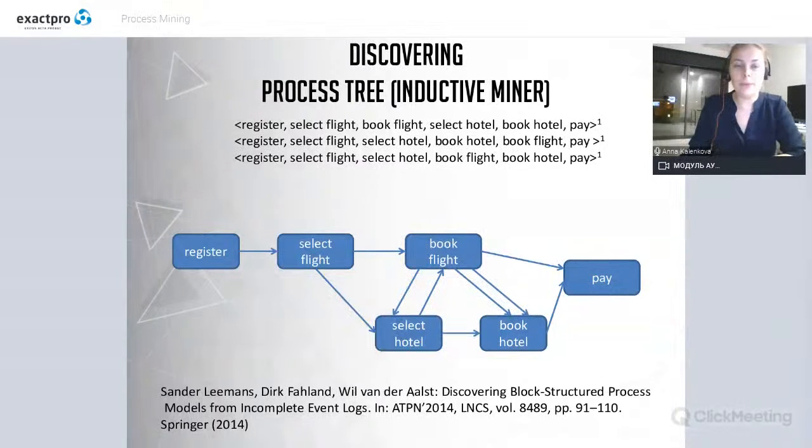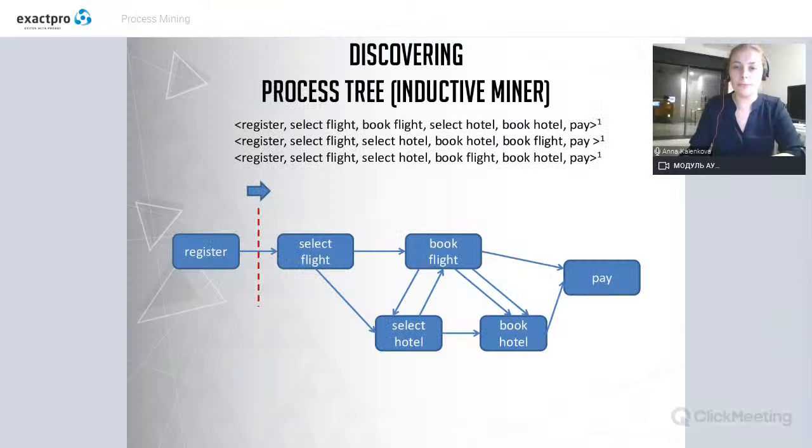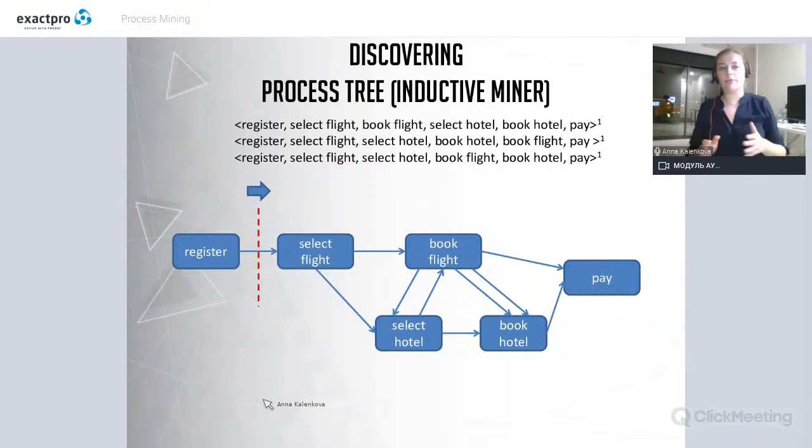Let's do the following. We will split this model into two parts according to one of the patterns. So here we can see, for instance, that there are two subgraphs. The first subgraph consists of only one node, register, and the second is a more convoluted and complicated subgraph, and we can split our graph into two parts.